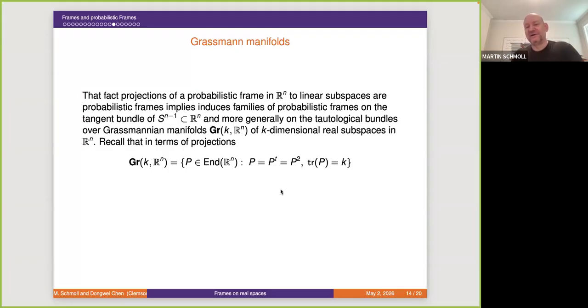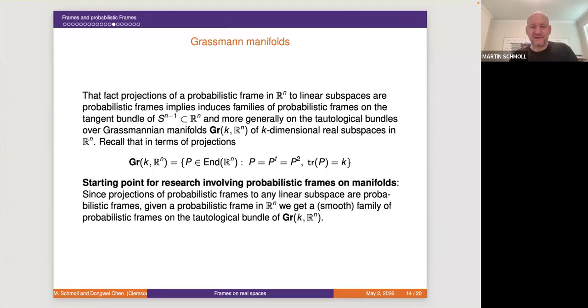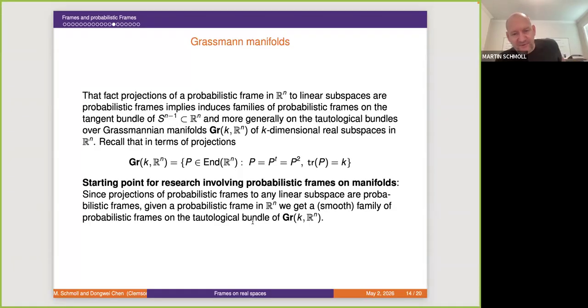Then you project your given probabilistic frame onto the plane defined by the points of the Grassmannian, and you get a probabilistic frame on the tautological bundle of these Grassmannians. So this is how you can construct them, and from there you can do a lot more. I just haven't done it yet. I claim that you can do a lot more.